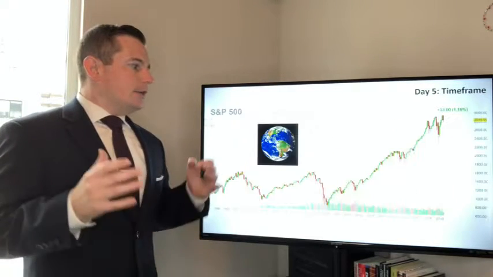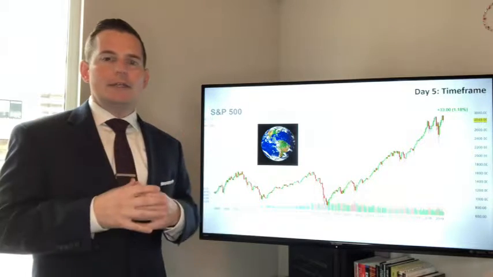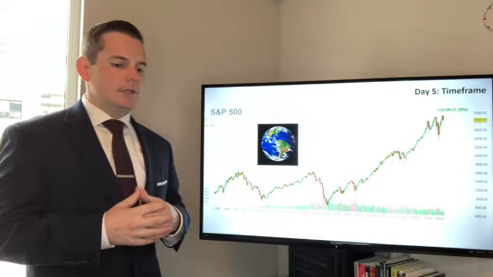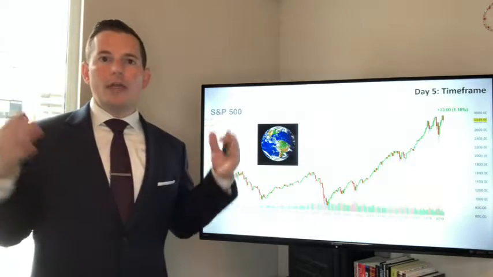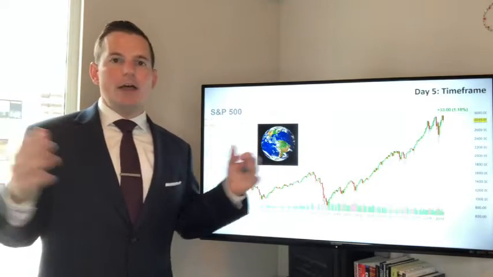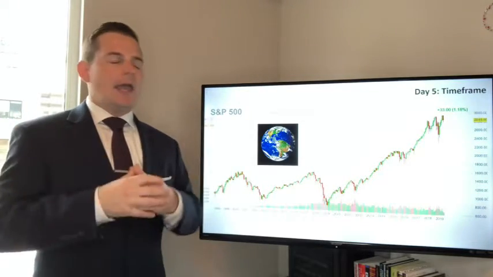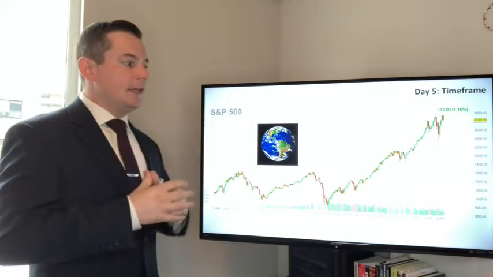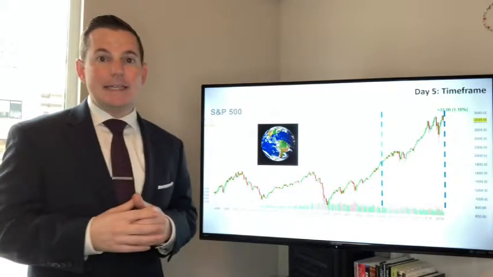I tried to relate this to something, and what made it easy for me was to think about it as looking at the Earth as a whole, looking at the giant timeline of everything. So you're zoomed all the way out. If you were to zoom in, then you would see much more detail.